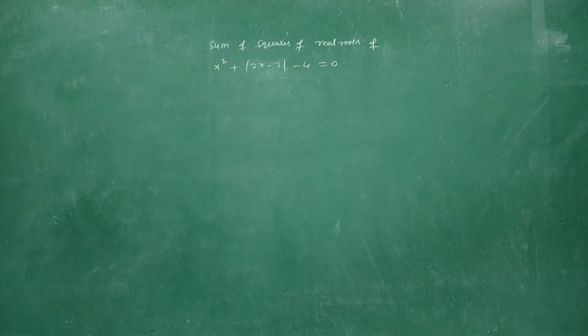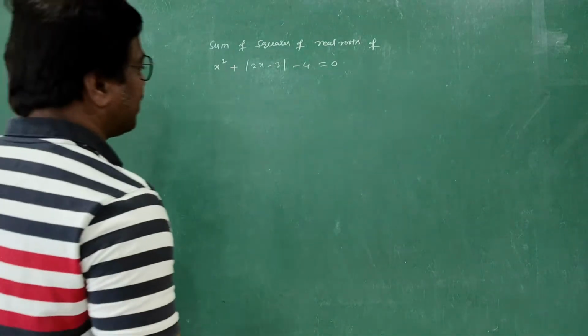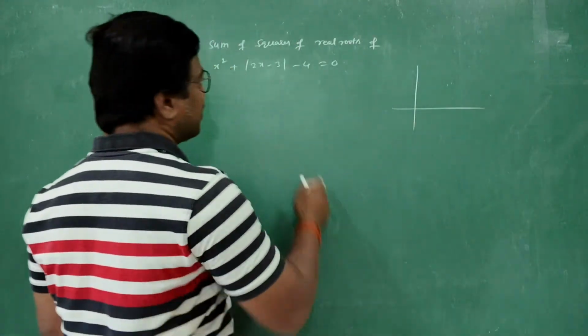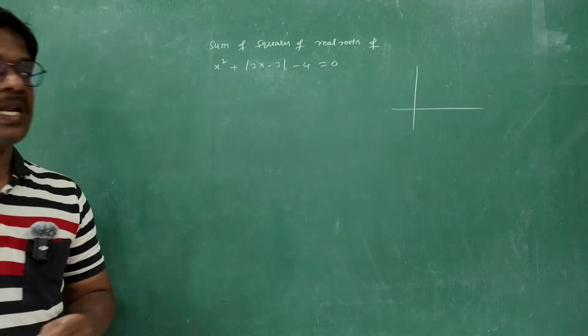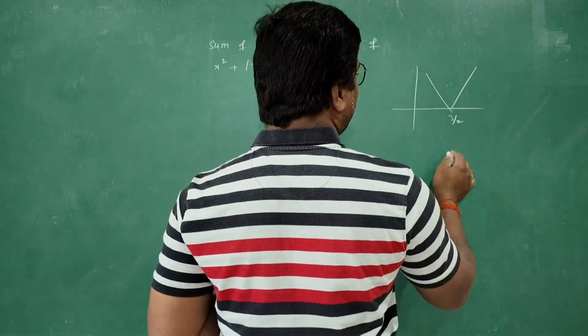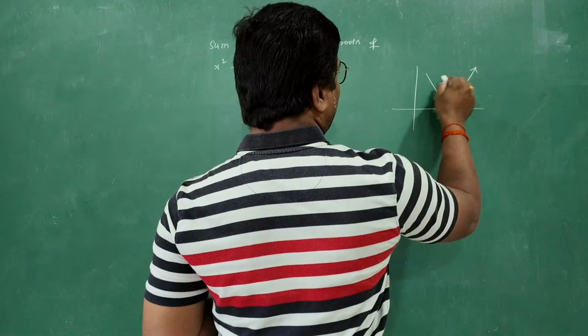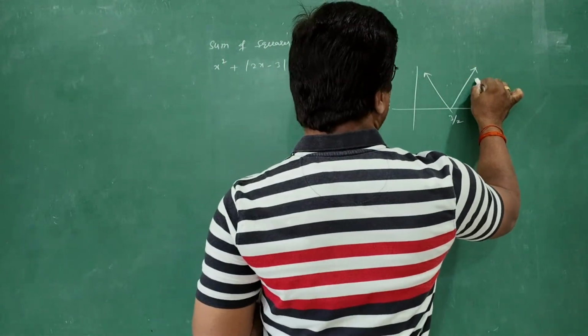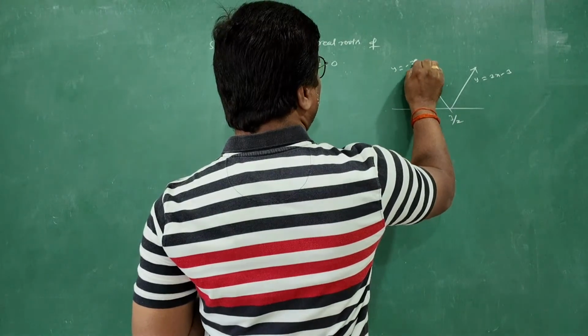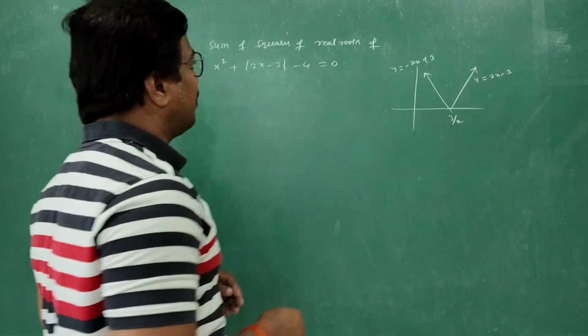There is a special function, modulus 2x minus 3. You know that the modulus 2x minus 3 graph has a sharp edge at 3 by 2. Right of 3 by 2 it is y equal to 2x minus 3, left of 3 by 2 it is minus 2x plus 3.